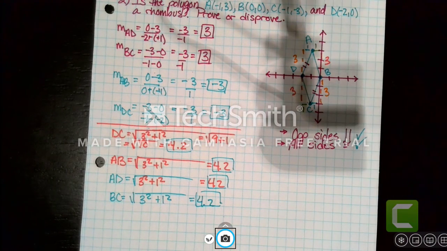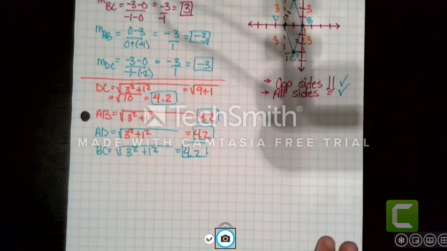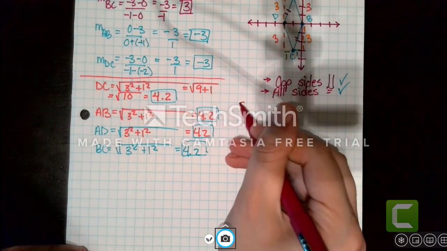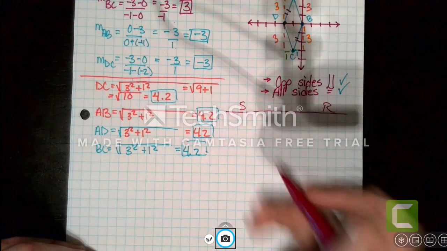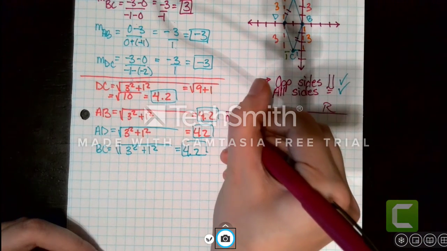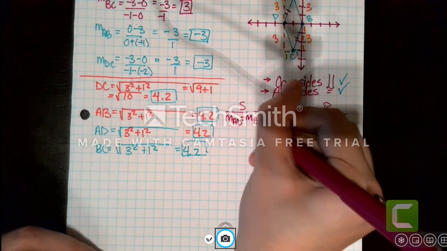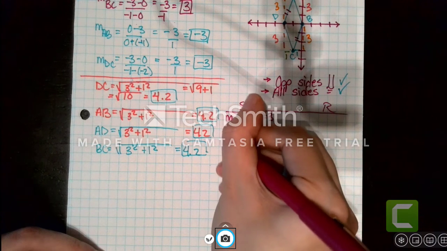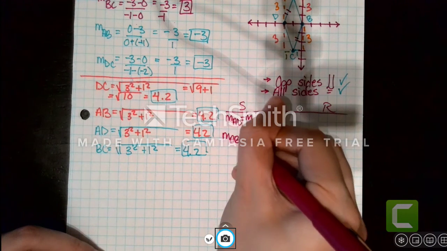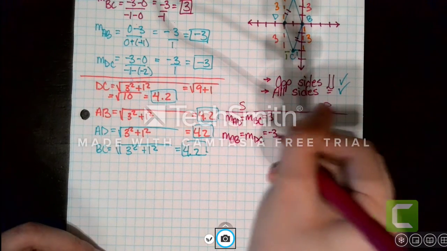Now that we've proven algebraically that opposite sides are parallel and all sides are congruent, we can start our proof. So create your t-chart and start with your slopes, saying that MAD is equal to MBC, which is equal to 3, and also that MAB is equal to MDC, which is equal to -3.